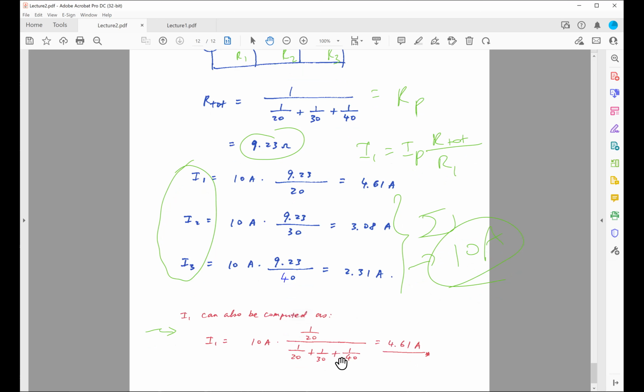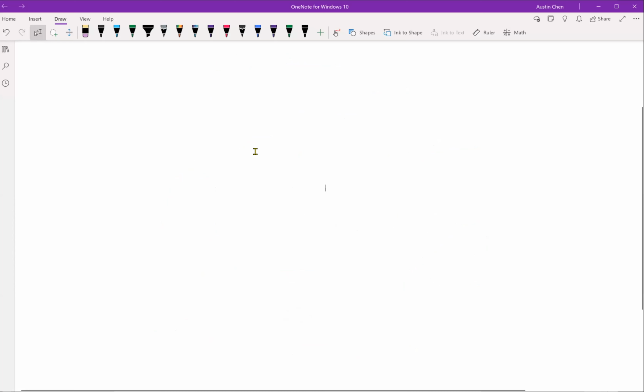Before I conclude this part of the lecture, I wanted to switch over to my OneNote and show you something. In your homework solution and in various parts of the lecture notes, as you will see, I like to use a slightly different technique when I calculate the branch current.